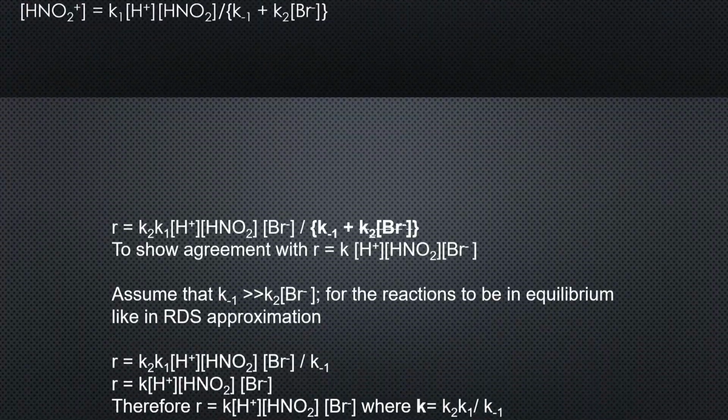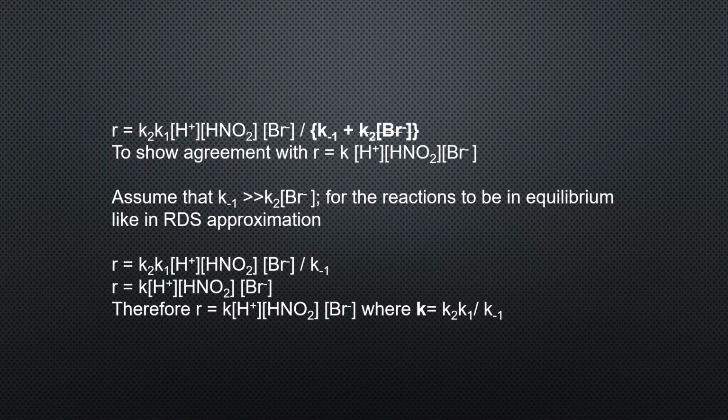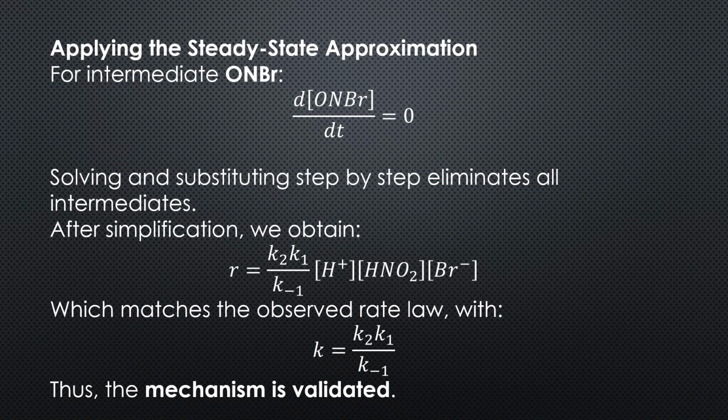After simplification, the final rate law shows that the rate is proportional to hydrogen ion concentration, nitrous acid concentration, and bromide ion concentration. The observed rate constant equals the product of the forward rate constants divided by the reverse rate constant. Thus, the proposed mechanism is validated.